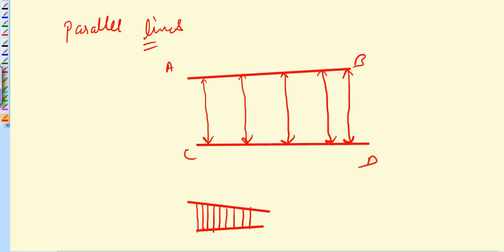And at one point, if we extend this, at one point they will meet each other. So these are not parallel lines. For parallel lines, the condition is, as I told you, they should maintain the same distance between them.